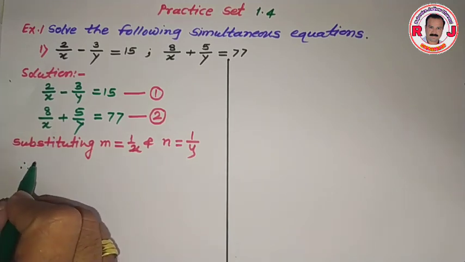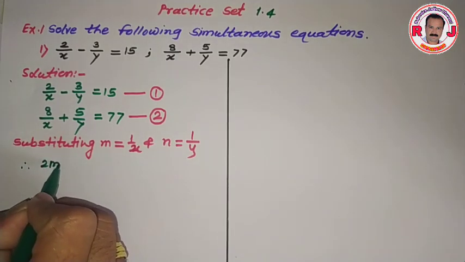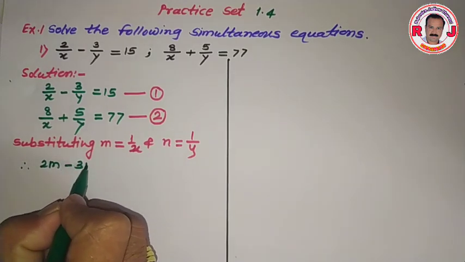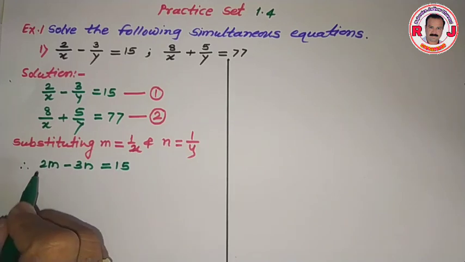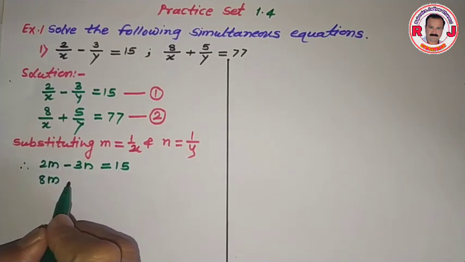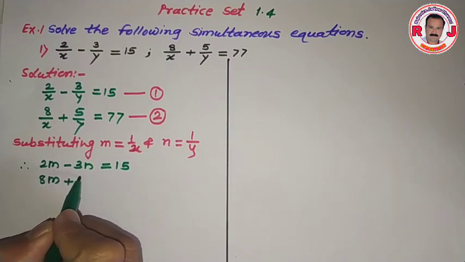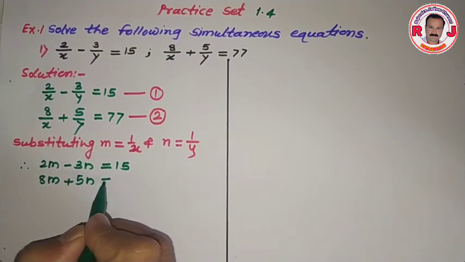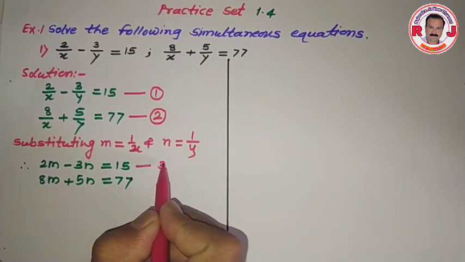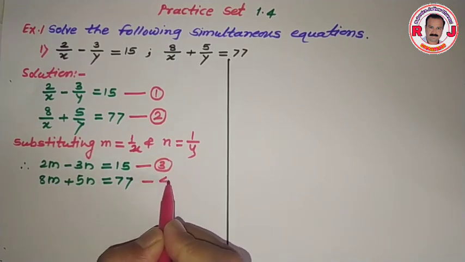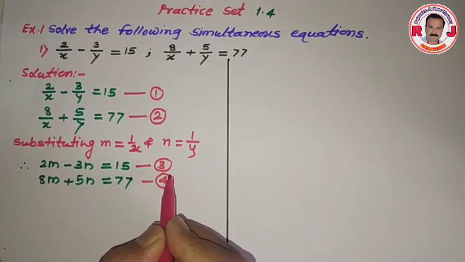Here this equation is 2m minus 3n is equal to 15 and second equation is 8m plus 5n is equal to 77. या पद्धतीनं ही समीकरण तयार होतील. This is the third equation, this is the fourth equation.